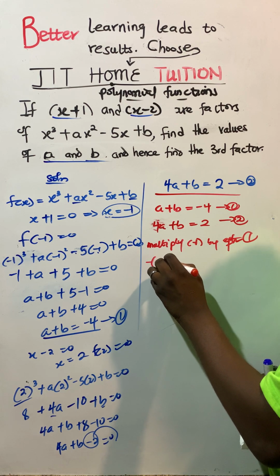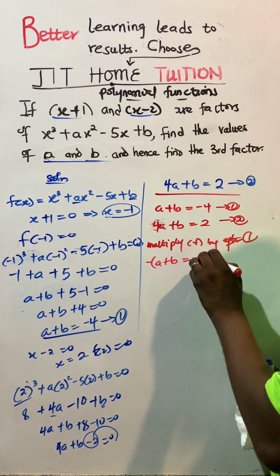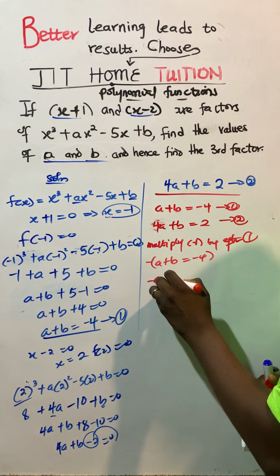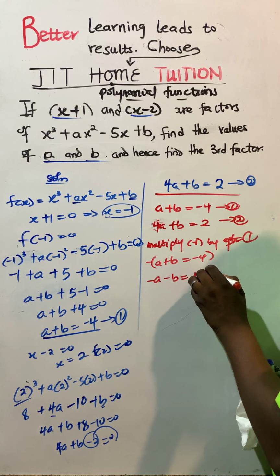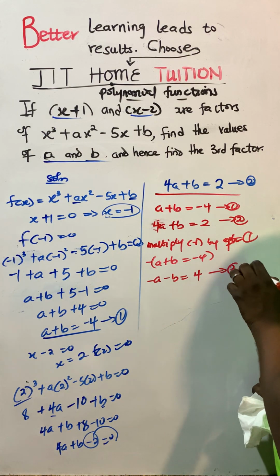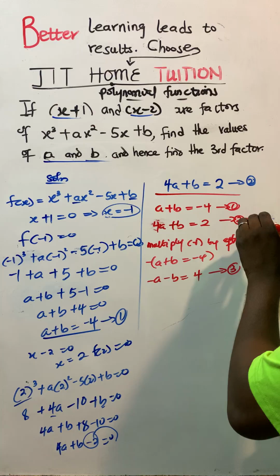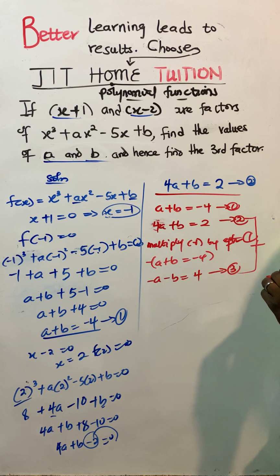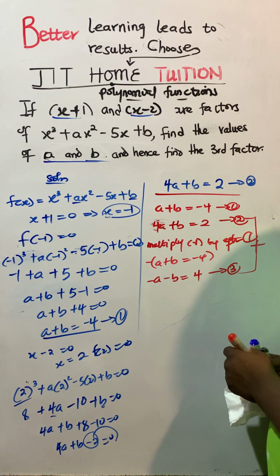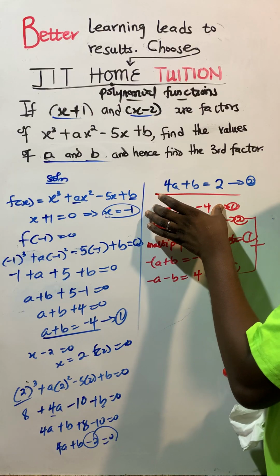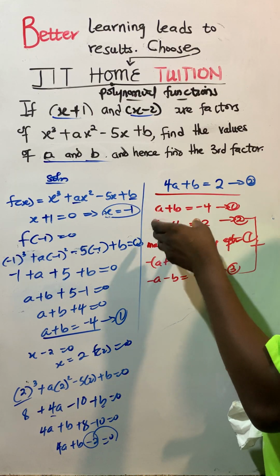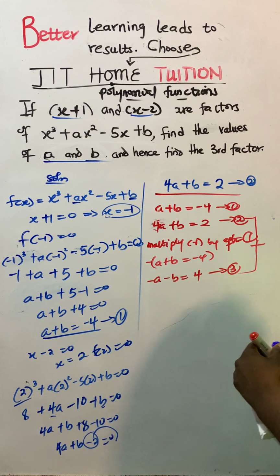In this case, you have A plus B equal to 4, and that will give me -A - B equal to -4. So you have equation 3. So I'll now be working with equation 2 and equation 3, adding them. Somebody may also say that you can subtract equation 1 from equation 2. Either way, you decide how to go about it.